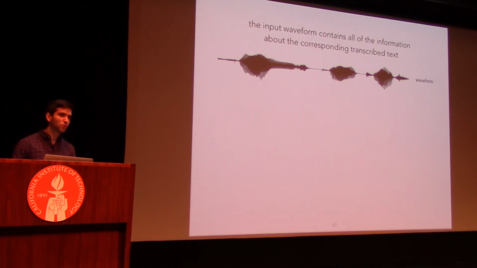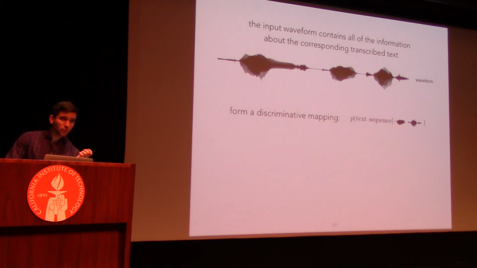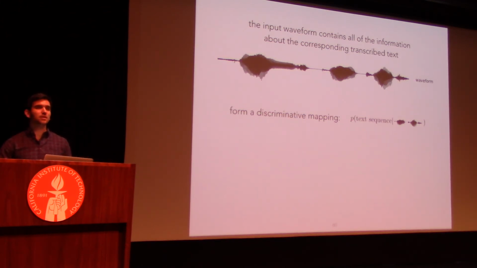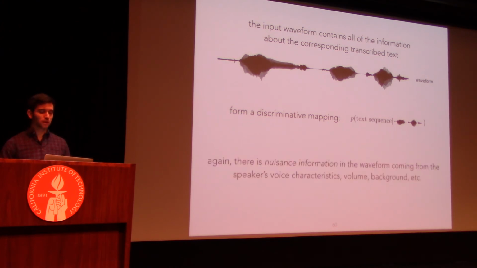Again, this input waveform contains all of that latent information about what is being spoken. And again, we want to form this discriminative mapping: what is the probability of some text sequence, some sequence of characters, given this waveform that I have?